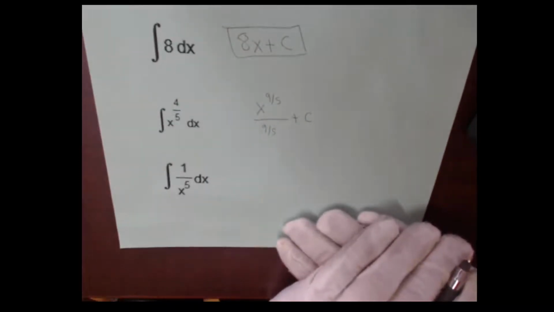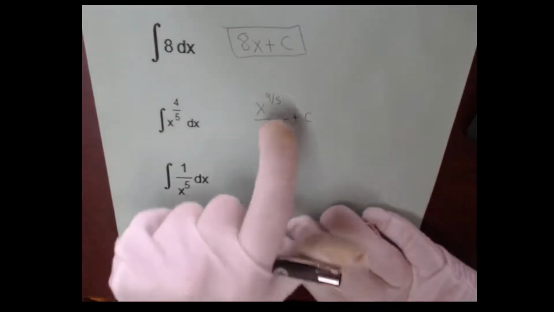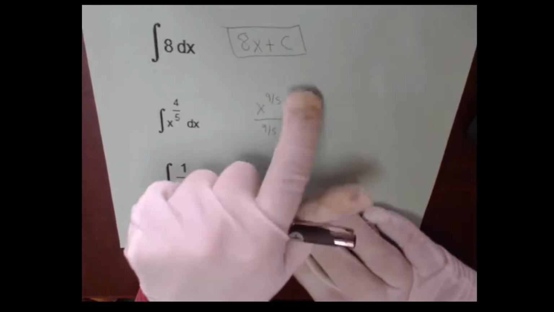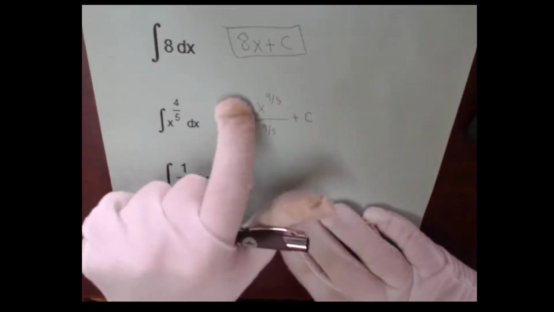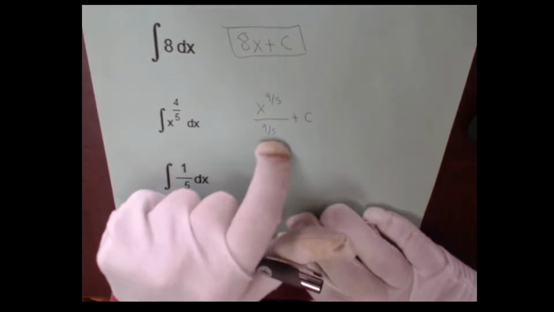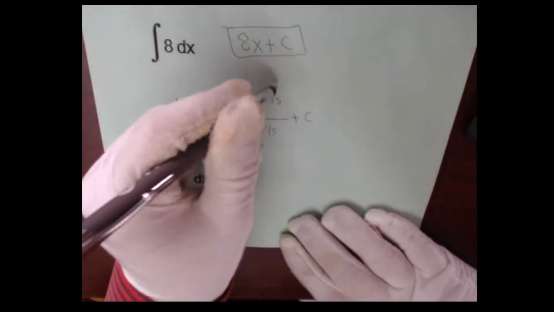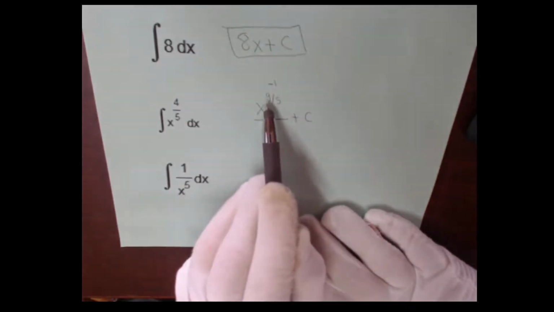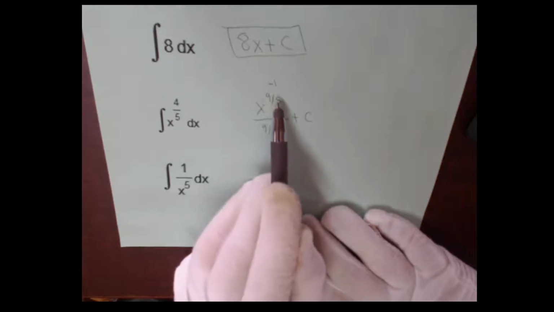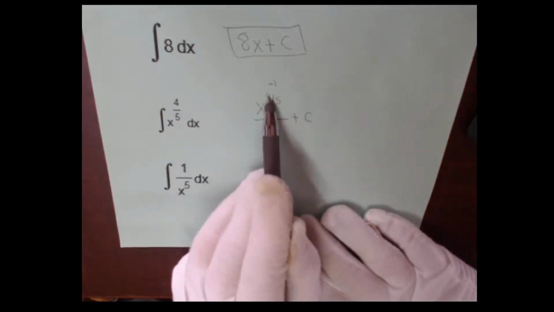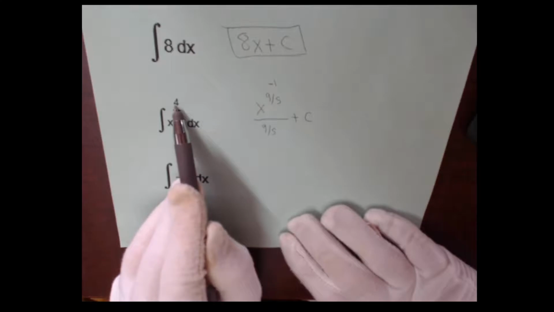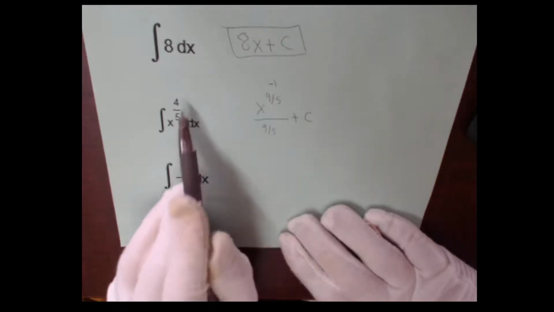This one's a little trickier because of the fractions, but let's see that it works. We take the derivative, and the c gets knocked away. The 9/5 comes down in front, which cancels the 9/5, and then we need to subtract 1 up here. Subtracting 1 is the same as subtracting 5 over 5, which gets us to 4/5. So 9/5 minus 1 is 4/5.